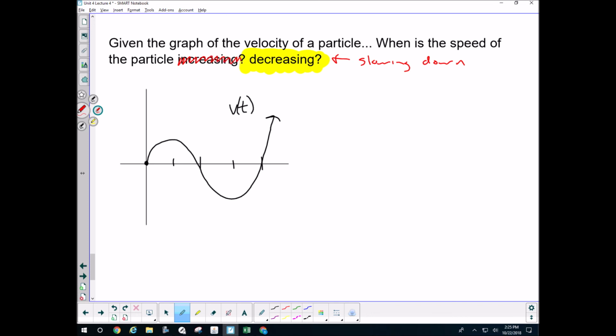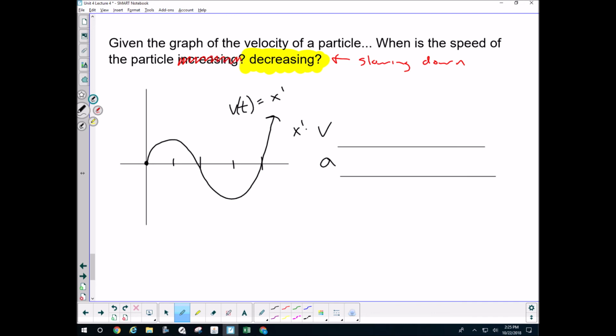However, I'd rather you just do what we've been doing and create a sign analysis for V and A, knowing that V is like X prime. And when you're given V, that's like being given X prime. You can think of it as being given F prime. Okay, so I'm giving you F prime.